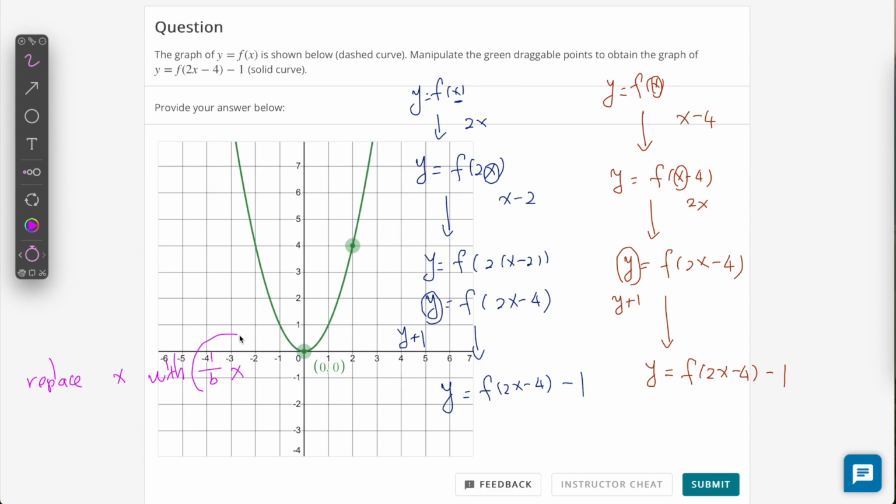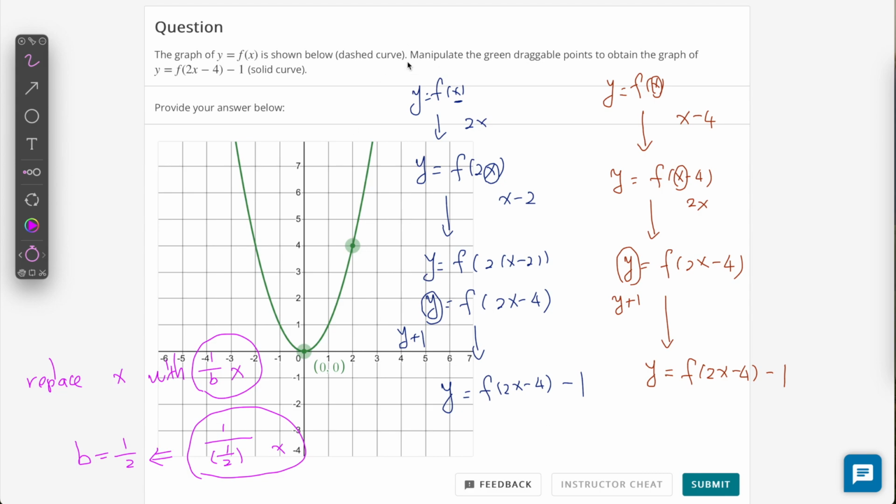So 1 over bx is equal to 2x, which means that b is equal to 1 over 2 if you match it this way. So b equals 1 over 2 means that it's a compression. So that's how we match what we do here with what is written in the notes.